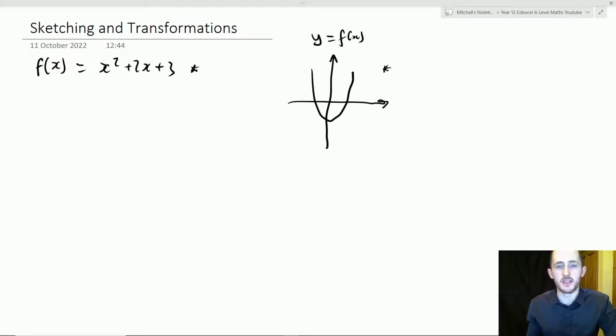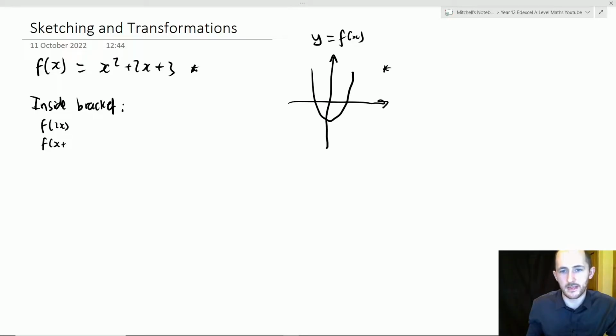Either one is fine. And then they'll say f of and then some kind of transformation, okay? So what we need to remember is inside the bracket, so for example, this could be something like f of 2x or f of x plus 3.